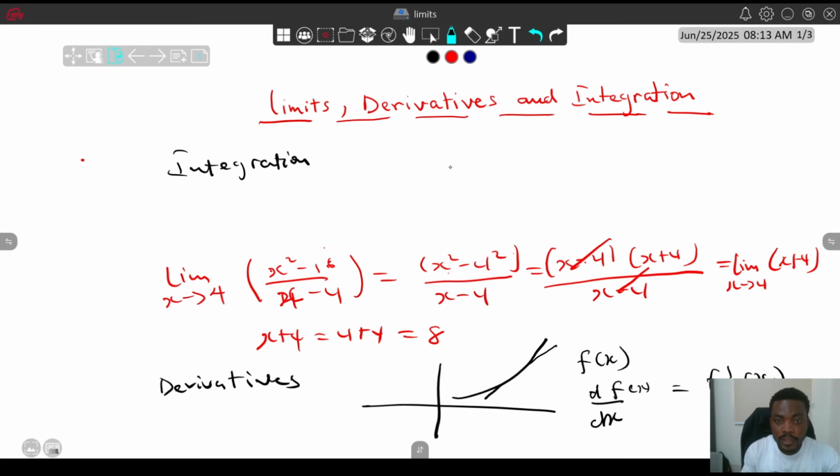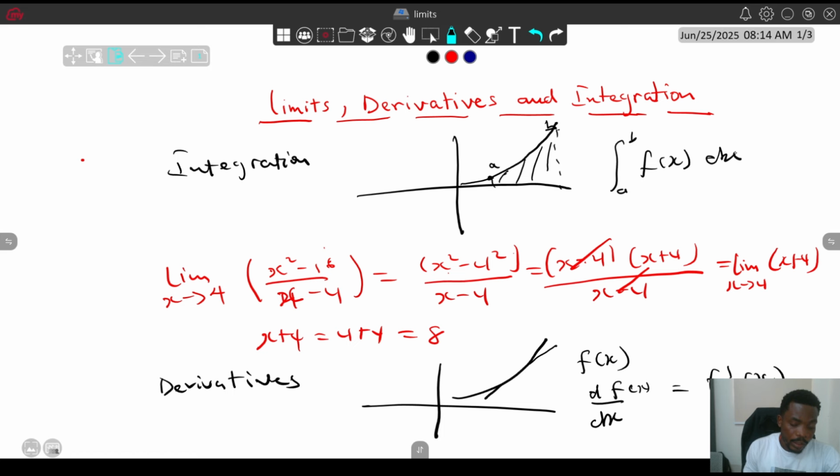Say we have this same curve, and we have points A to B, and we need to find the area under this curve. Integration actually helps us to find the area under this curve.